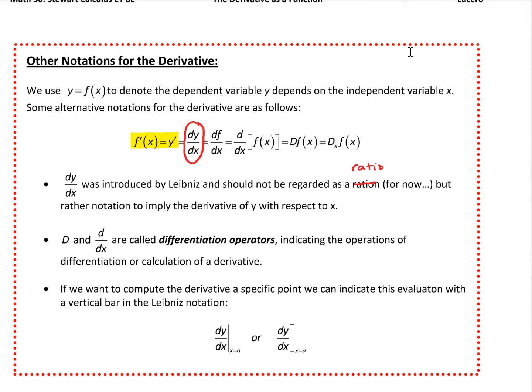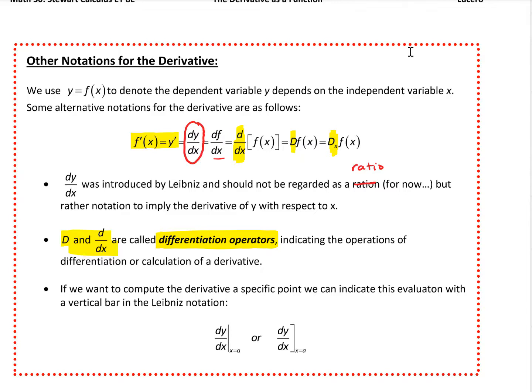In a similar way, we could also utilize Leibniz's notation and say df dx. We can use this notation. This is almost like an operator right here. This notation here, and even this notation, these notations here, is where we actually think of d and d dx as differentiation operators, almost like they're telling us, okay, we're going to do this operation of differentiation or the calculation of a derivative to, and then the following function.